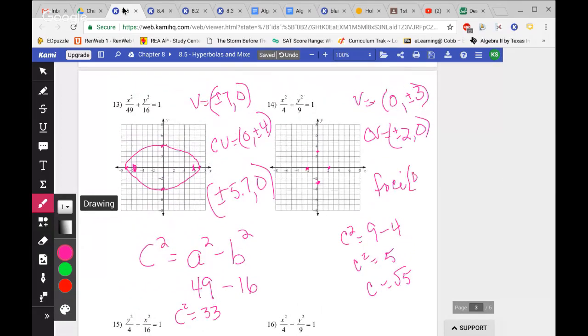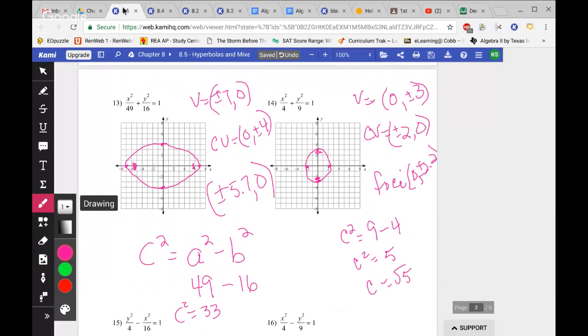Do you understand why? Yes, ma'am. And it's plus minus 2.2. Sorry. So the foci are right there. And once again, this is really hard to draw because they're very, very close to my, and this is an elongated ellipse. And that's not a very pretty one, I admit.